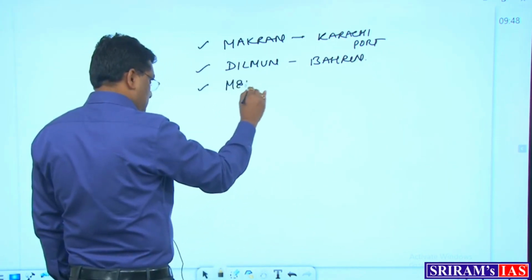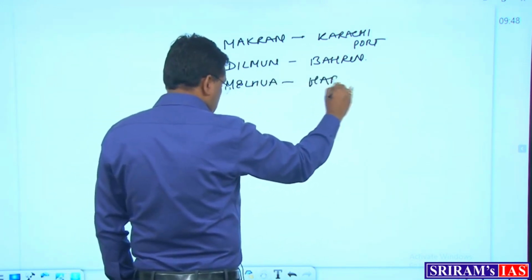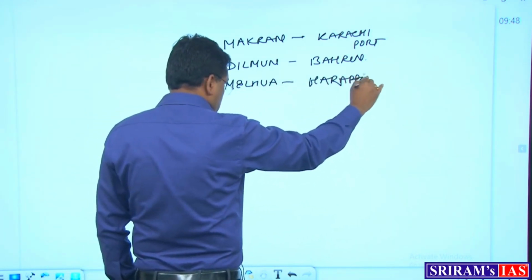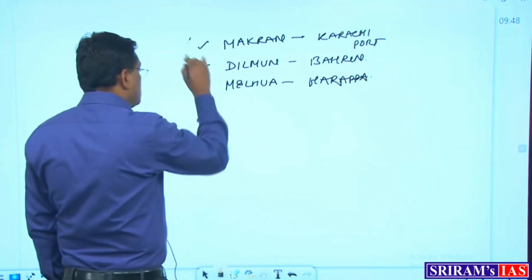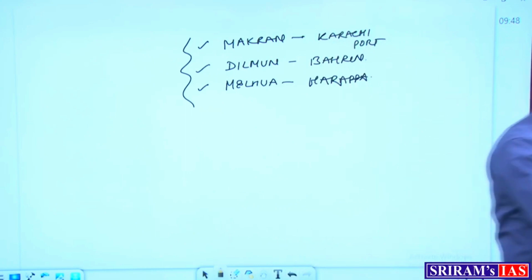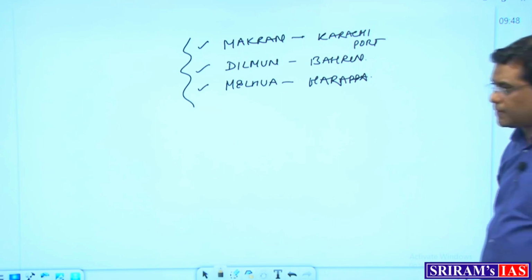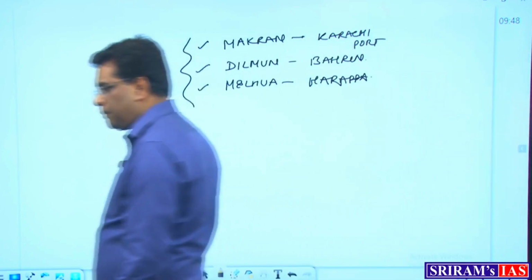Melhua is called Harappa. So Dilmun, Makran, Melhua, these are the cities mentioned in the Mesopotamian script.